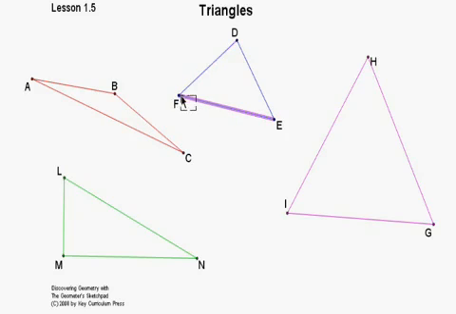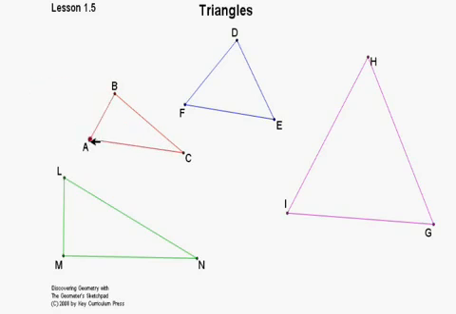Does that happen over here? When I move vertex A, B and C are staying, but sides AB and AC are moving. What happens if I do this? Side AB stays the same, while sides BC and AC are moving. How about this? Same idea, but what's happening to the angles and the measurements of the sides?